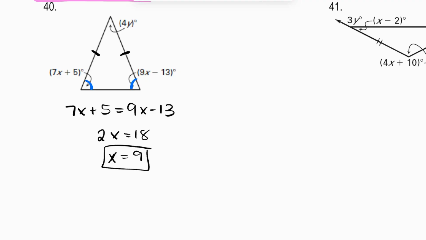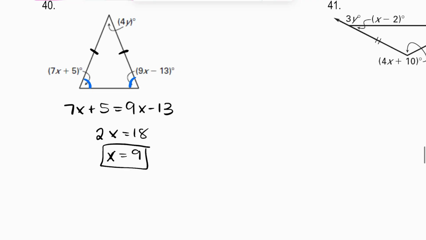Then for y, we can plug x back into one of the equations to figure out what these angles are, and that'll help us find y. So if we plugged it back in and did 7 times 9 plus 5, we would get 68. So this angle is 68 and this angle is 68.